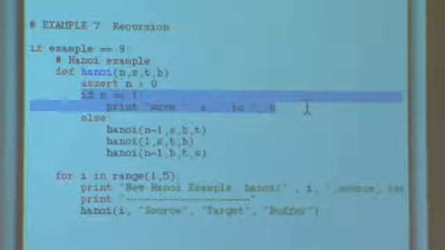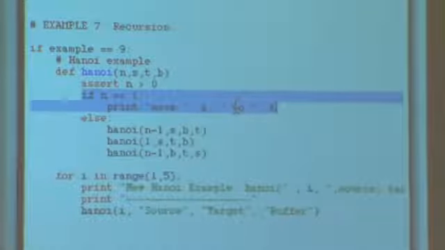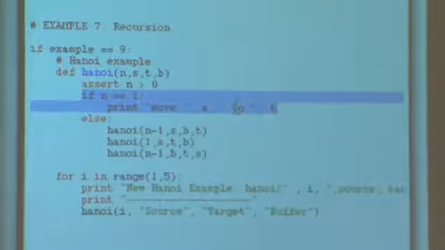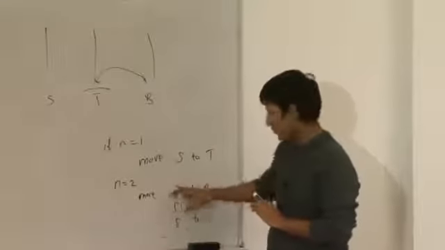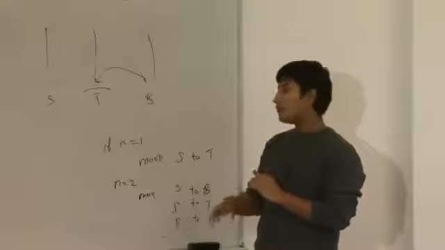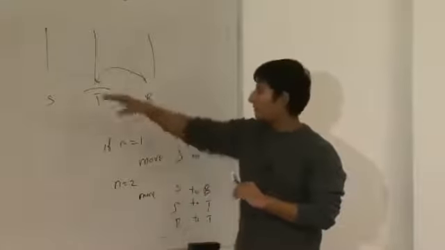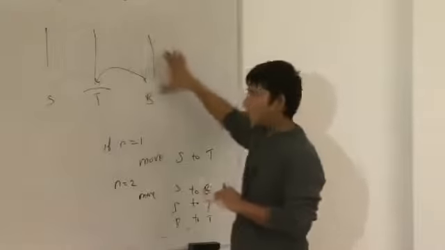Okay. So what would be the next step? If you have more than one disk, suppose you have 2 disks, then what would you do? You move the top disk, or whatever is on the top, to the buffer. For this simple example, it was just 1 disk. But suppose you had more disks on top of the last disk, you would have moved all of them to buffer.